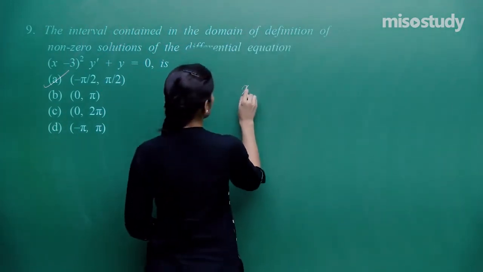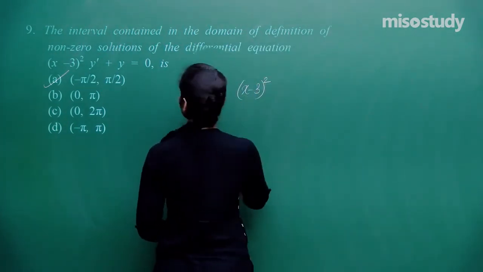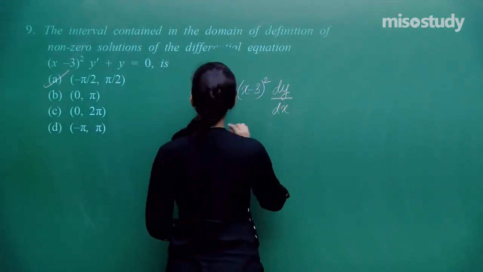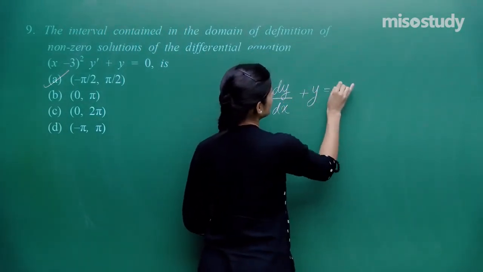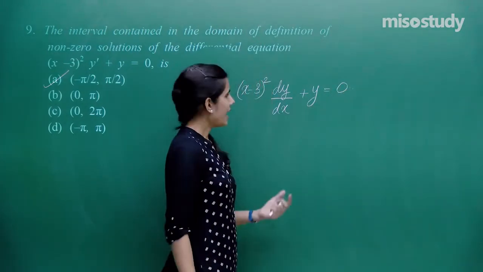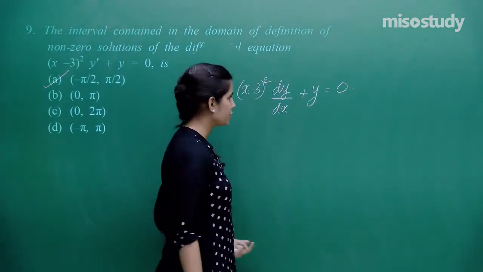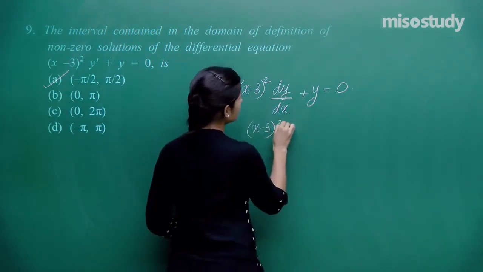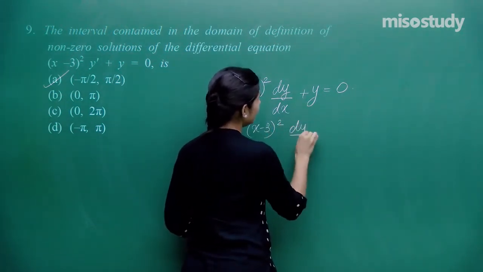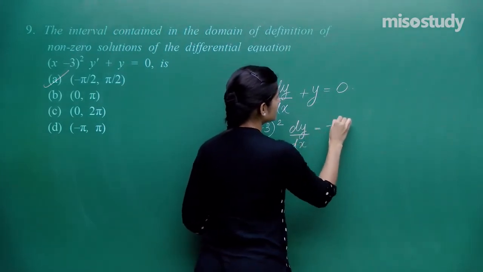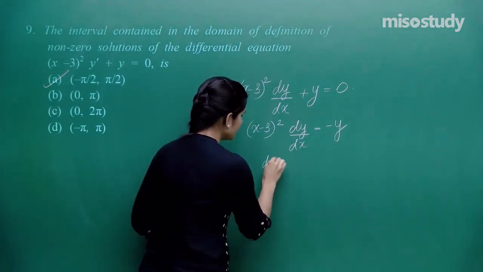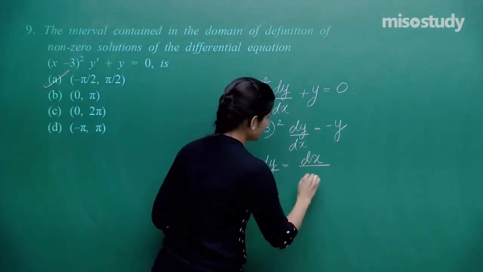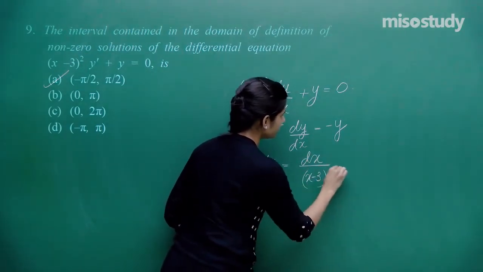So the differential equation is x minus 3 whole square into y dash, that means dy by dx, plus y equals 0. I want all x together and all y together. So I can say x minus 3 whole square dy by dx equals minus y. So dy by minus y equals dx by x minus 3 whole square.